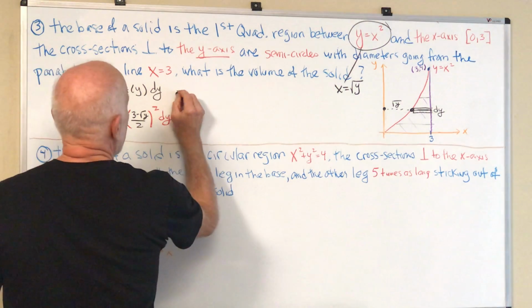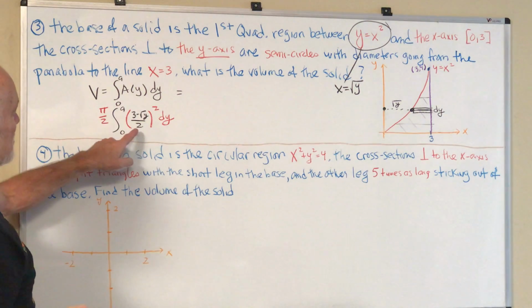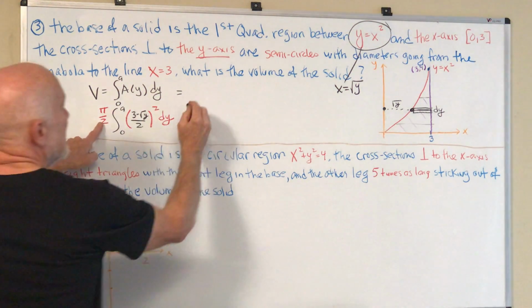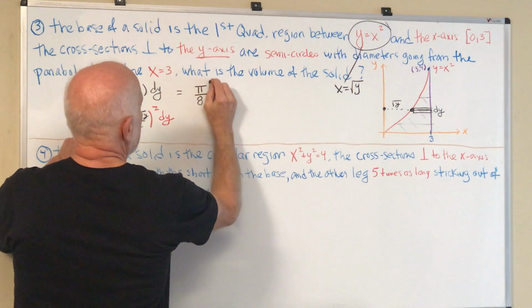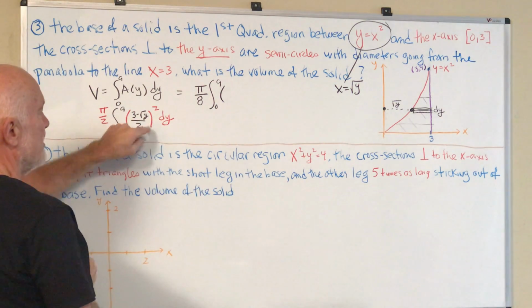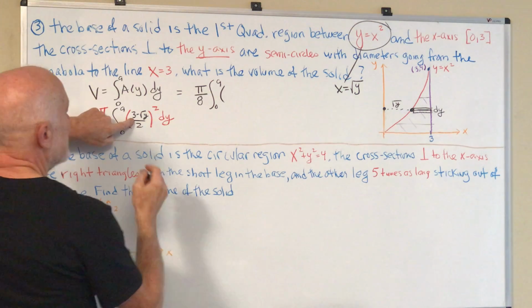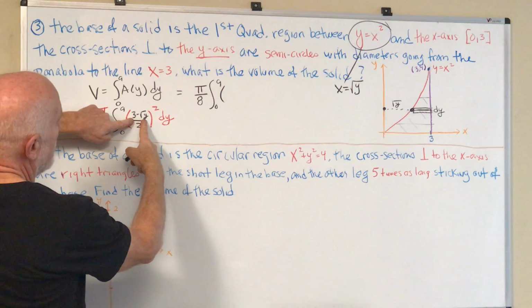I don't want to take all your time on this, but just to show you what I would do, the first thing I would do is get rid of that fraction. 2 times 2 is 4. I could take this right out front and make it pi over 8. And then you just have to square the top, which would be 3 minus the square root of y times 3 minus the square root of y.